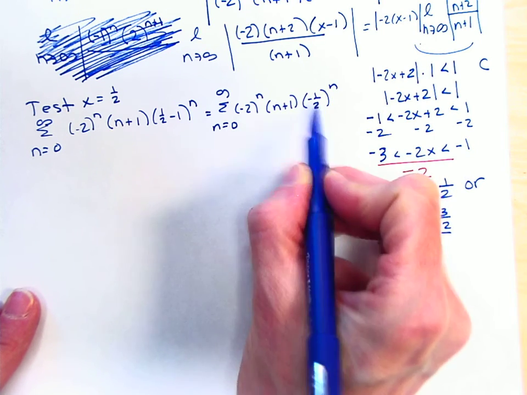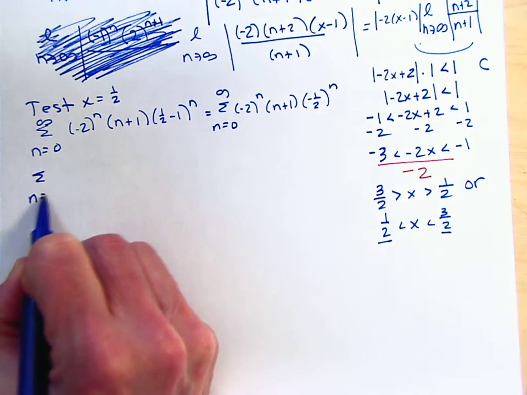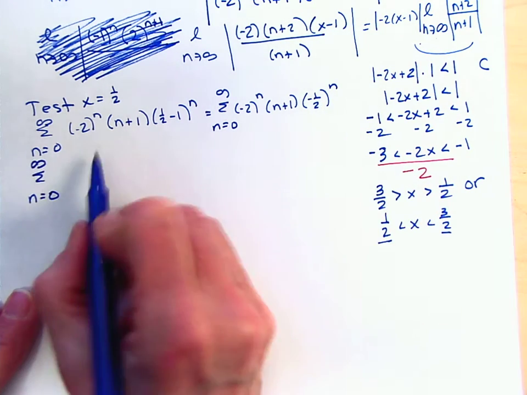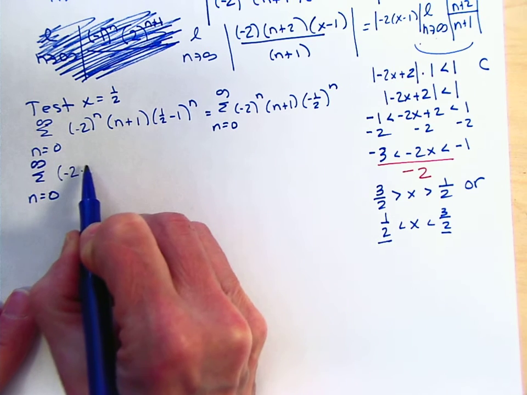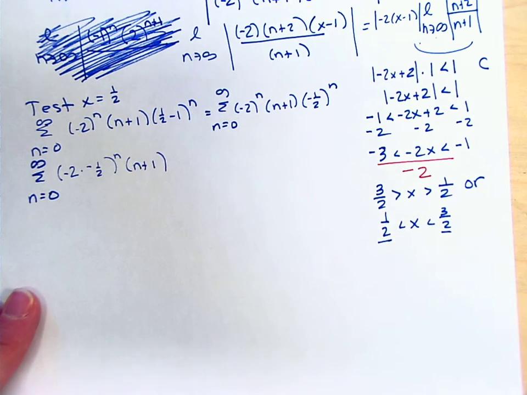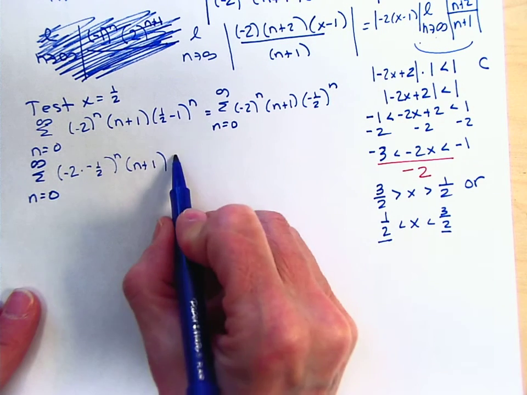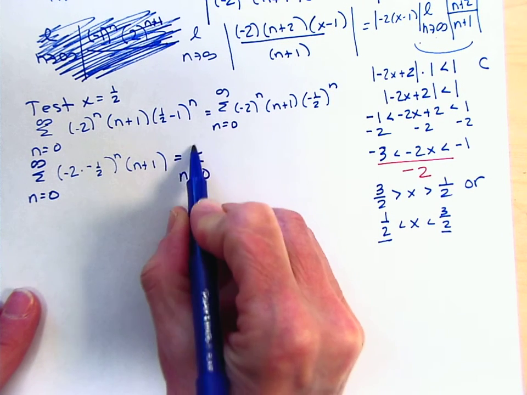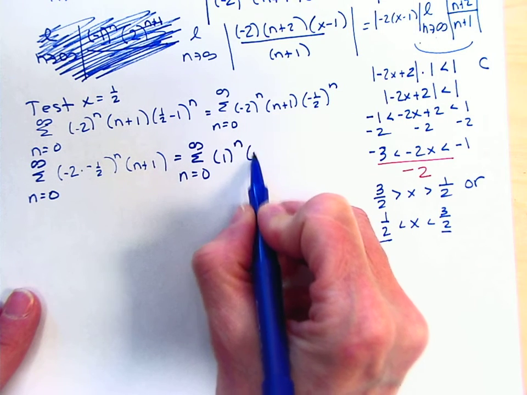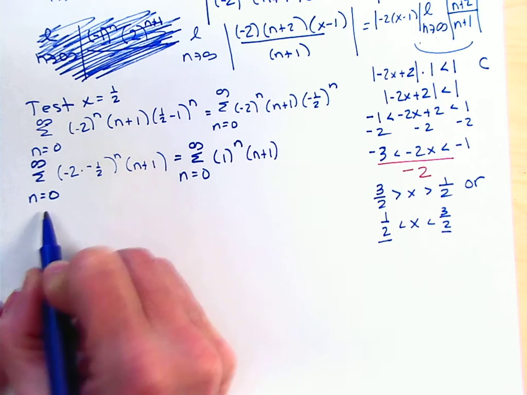We can group these together because they're just constants for every increment of n. So this becomes minus 2 times minus 1/2 to the n plus 1. And simplifying this expression becomes 1 to the n. And 1 to the n is just 1.